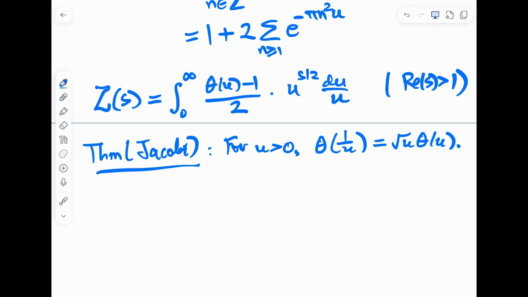This is not obvious, and this is a very, very analytic statement. This is not some formal algebraic identity. Okay? And so we're going to use this.